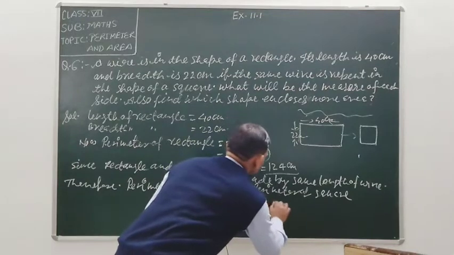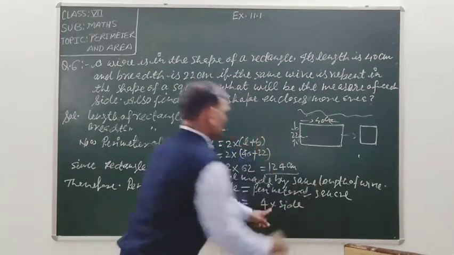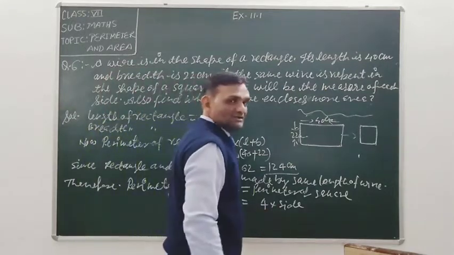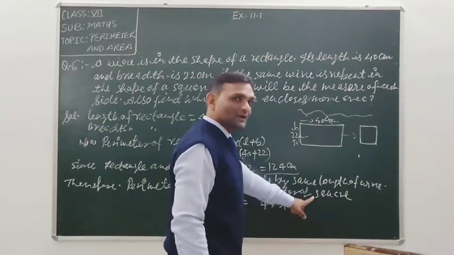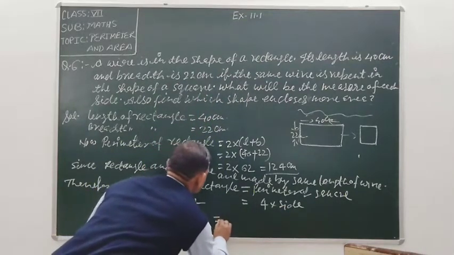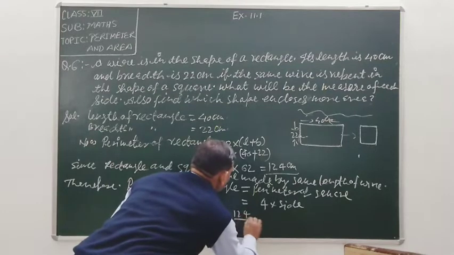4 into side. So student, from this equation we can find out the side of the square. So side of the square, side is equal to 124 upon 4.